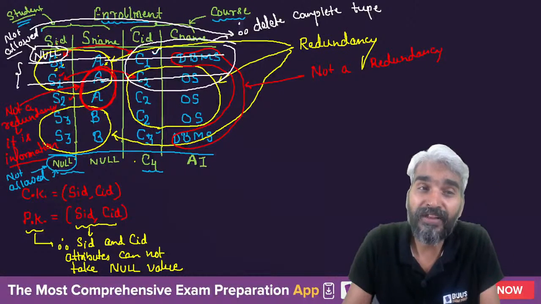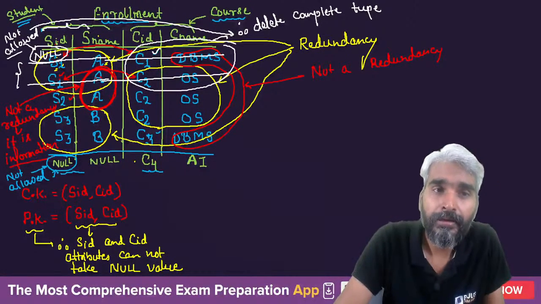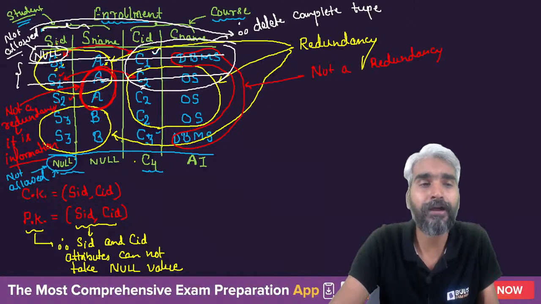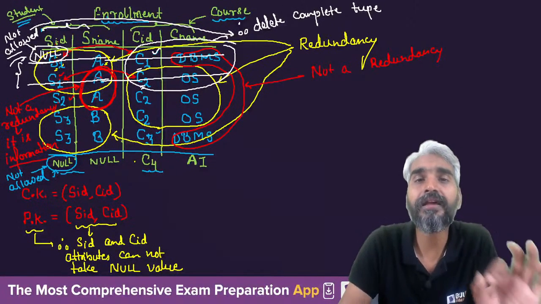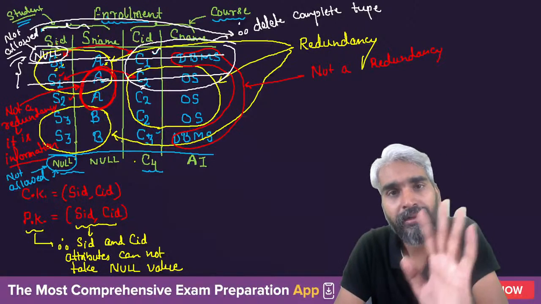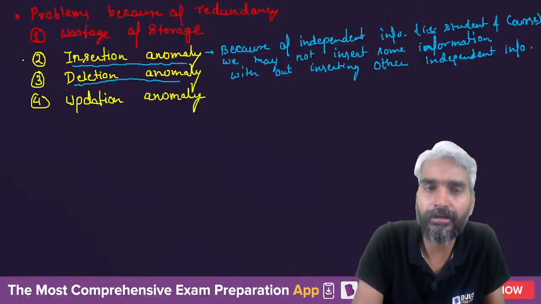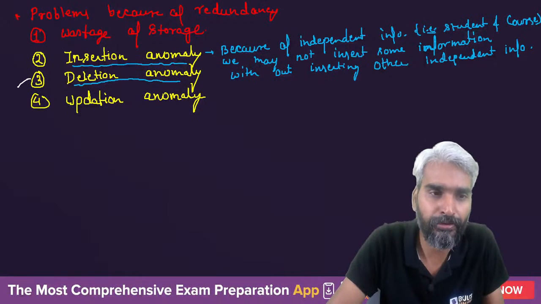Because of deletion of some information, we may lose some other independent information because we are not allowed to insert null values. And this is called deletion anomaly, that anomalies may occur because of deletion. So, what is deletion anomaly?